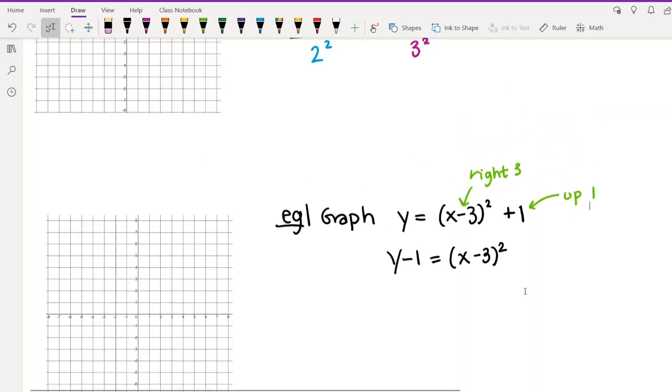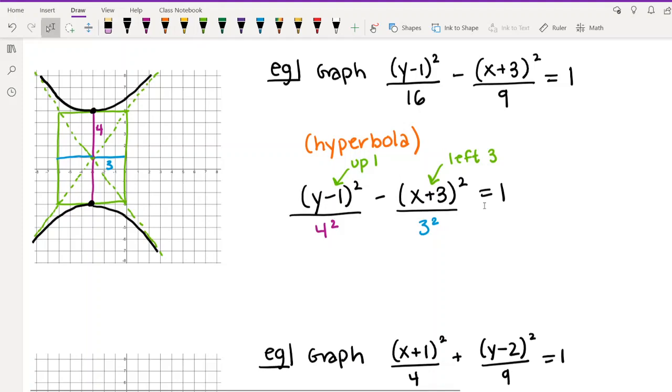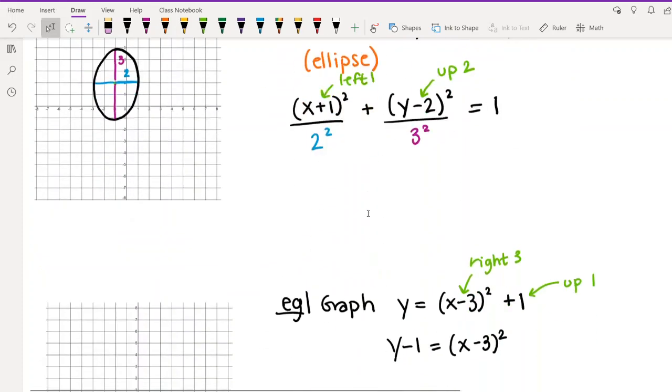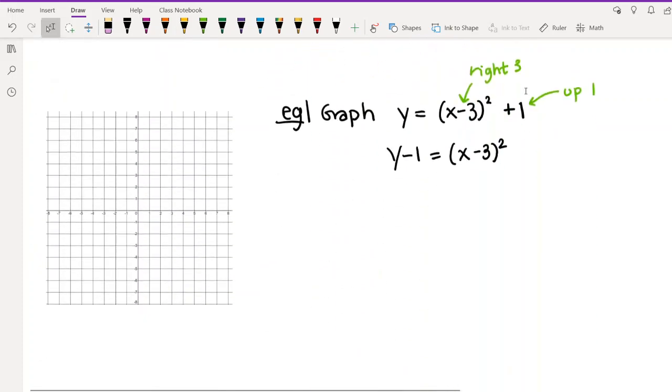Just to give another example, right here we had y minus 1 squared, and we saw that minus 1 and said, okay, that means up 1. So that's what I meant earlier when I said that the way we were doing it before, when we had that number on the other side, forced us to see x and y as having a different kind of shift going on. Whereas if we put it on the same side, then it's the same. Subtracting goes in the positive direction, adding goes in the negative direction. It doesn't really matter which way you write it, but I wanted to show you both ways. In either case, you would interpret these as being up 1 and right by 3.